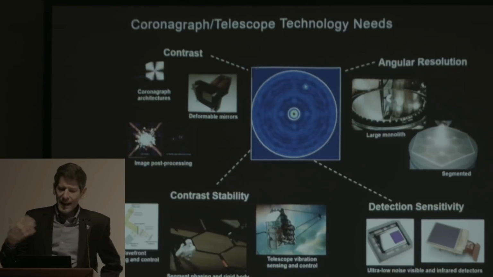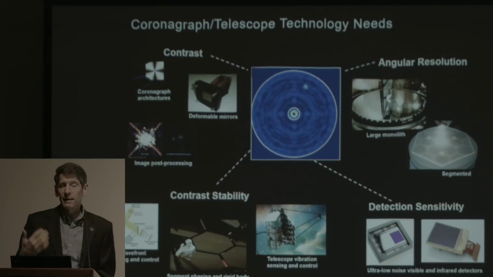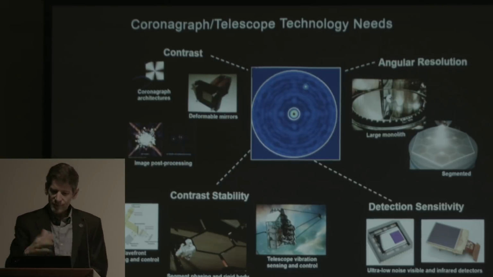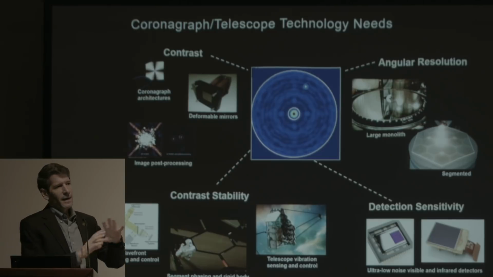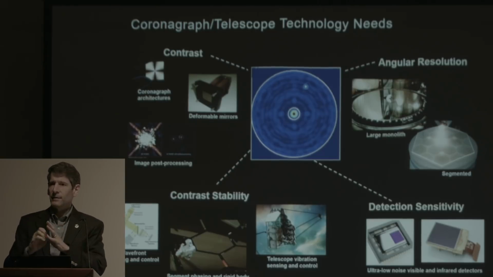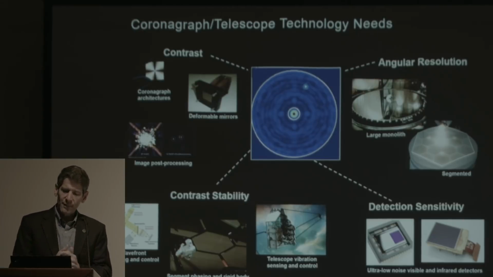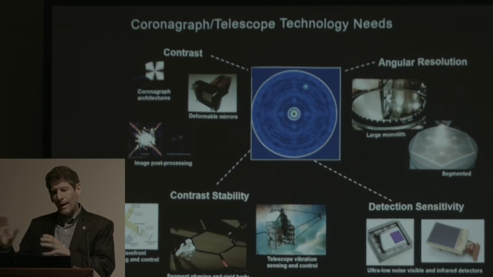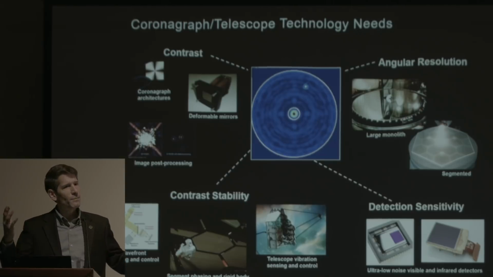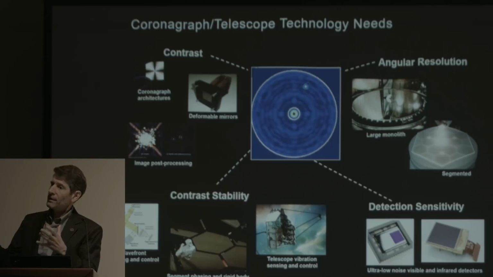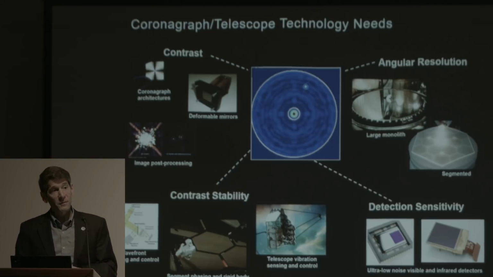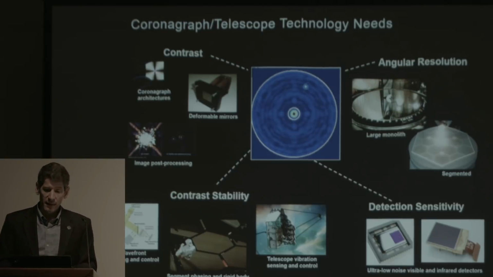So NASA is funding an ambitious technology development program, and you can see this collage of technologies here. In the upper left is the technology of developing these coronagraph masks, these small little devices that will block the starlight within an instrument, within a telescope. In the upper right, we're looking at large deployable and monolithic mirrors to fly in space, to make even larger space telescopes.